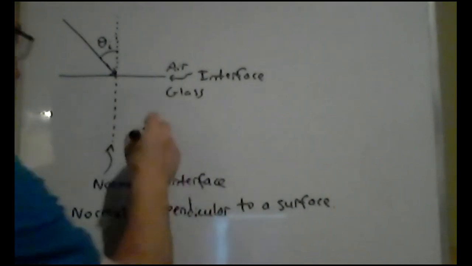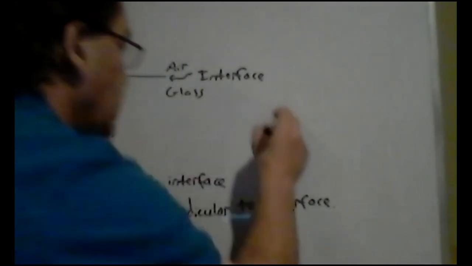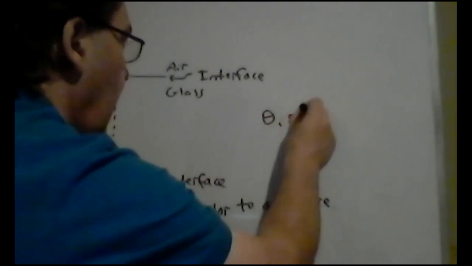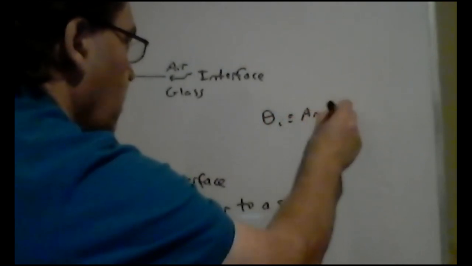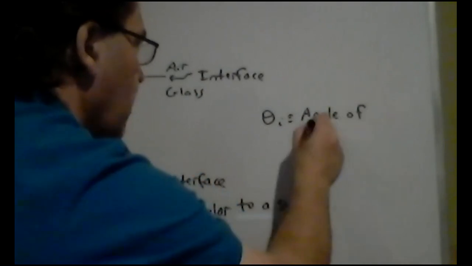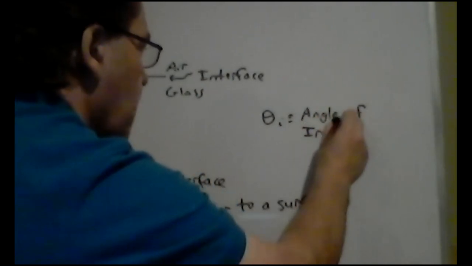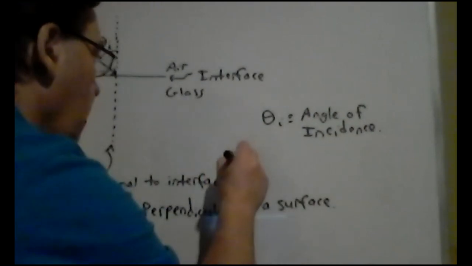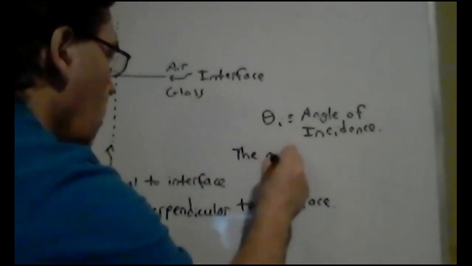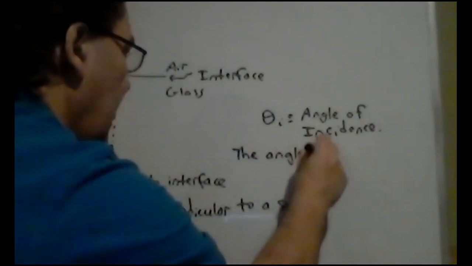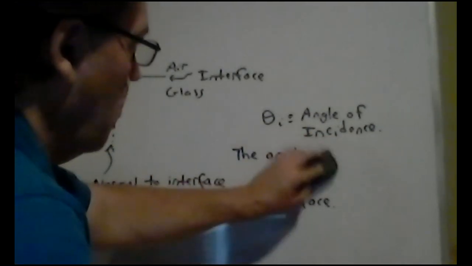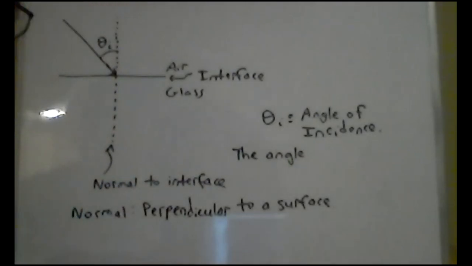Theta sub I is considered the incident angle. This is the angle of incidence, the angle the incident ray, the incoming ray of light, makes with the normal.